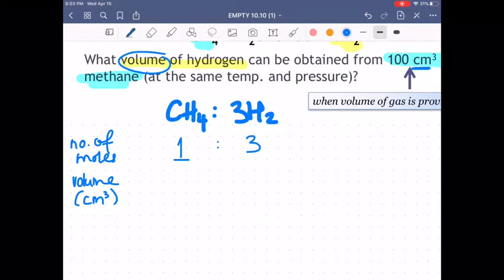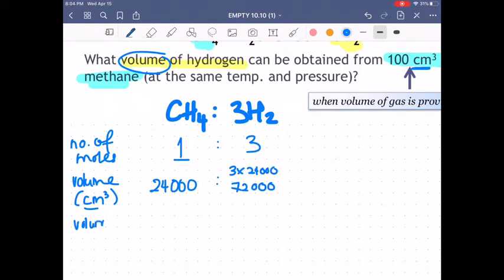As you recall from the previous lesson, 1 mole of any gas should be equal to 24 dm³ or 24,000 cm³. So since this is cm³, we use 24,000 cm³. For 3 moles of the gas, you get 3 times 24,000, which is 72,000 cm³.